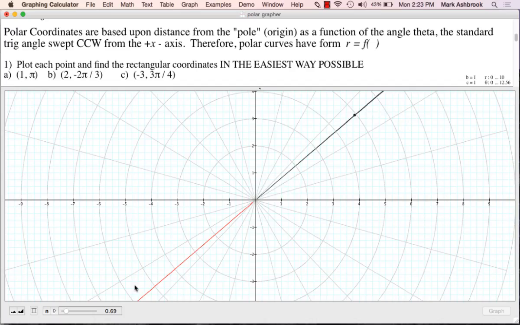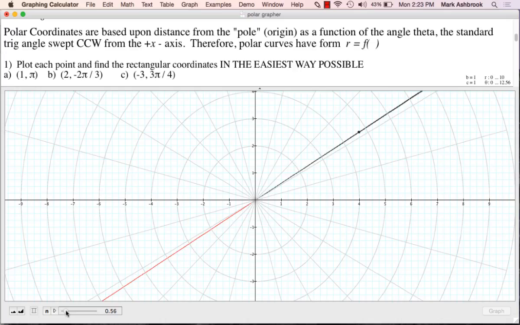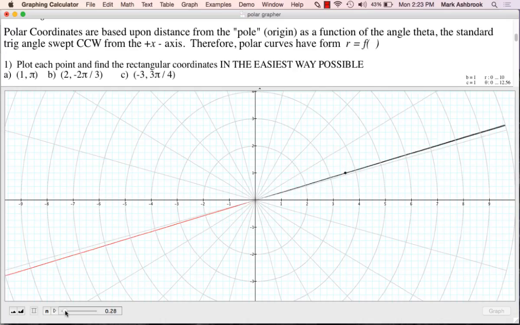So let me pick one where it's actually on an angle that we know here. So this is pi over 6. So this is pi over 12. This angle is pi over 12. And then what would you estimate r to be here?